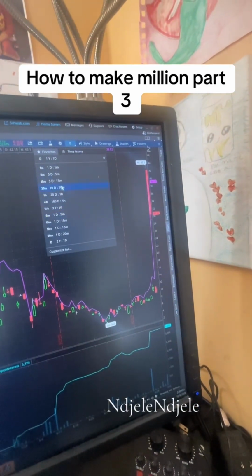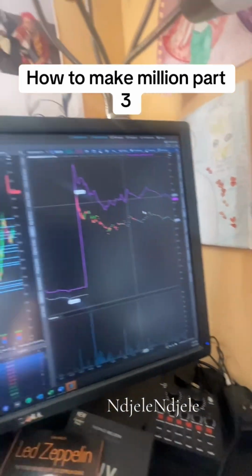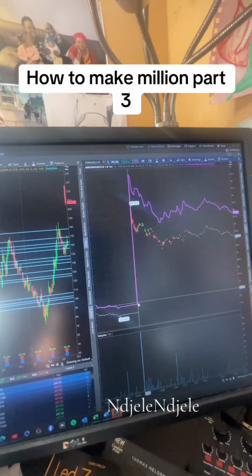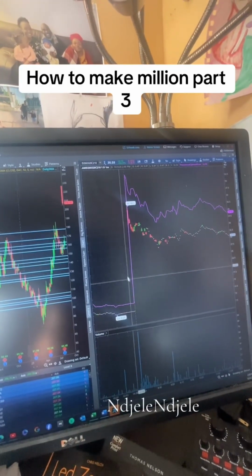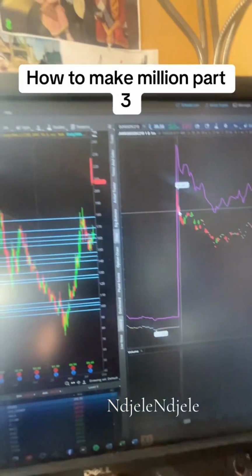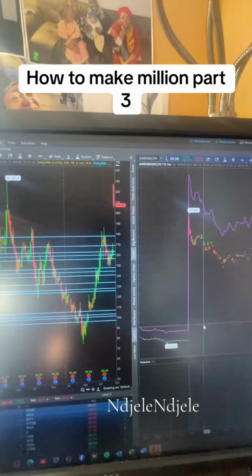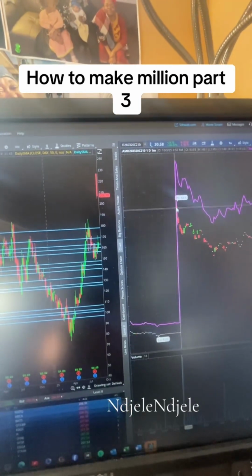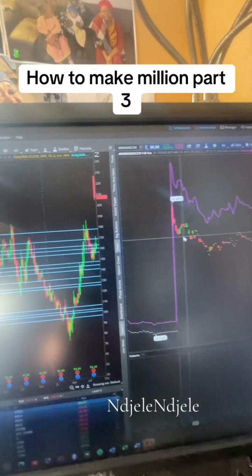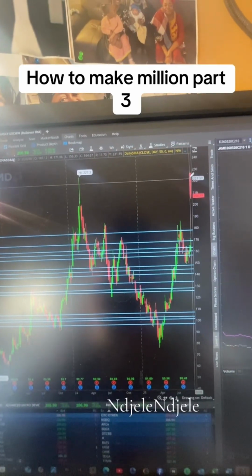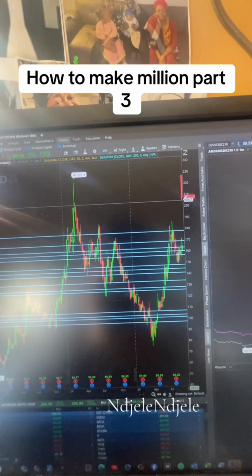If I go 1 day, 1 minute, look at this. It jumped up here in 1 minute. Each candle represents a minute, right? So in a minute, that thing went to 43, and then it went down because the stock went down. The stock was here, and now it's here.